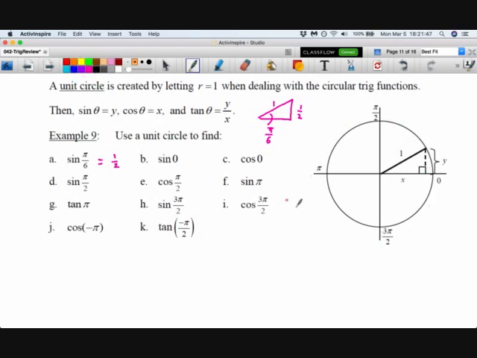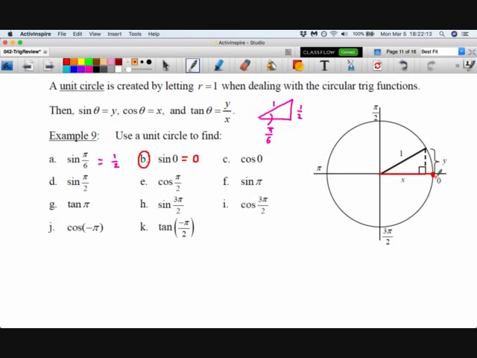So for sine of 0, we're talking about if my angle was flat like that. If the angle is flat like that, what is the y value of that coordinate? Well, that coordinate on the unit circle is 1, 0, so sine of 0 is just 0.